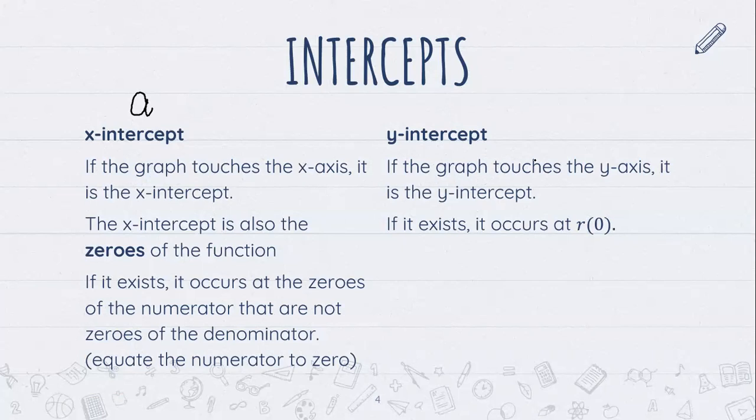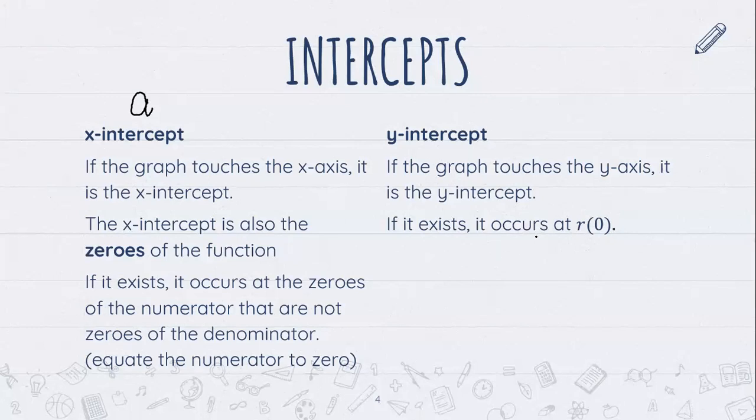If the graph touches the y-axis, therefore, it is the y-intercept. Kapag present si y-intercept, kailangan lang nating i-substitute yung 0 sa mga x sa function. Kung ano yung answer nun, yun na po yung ating y-intercept.